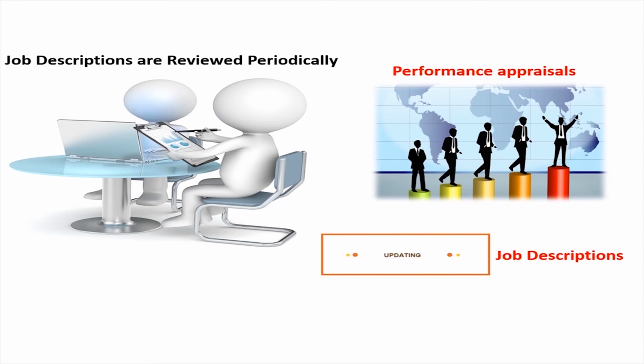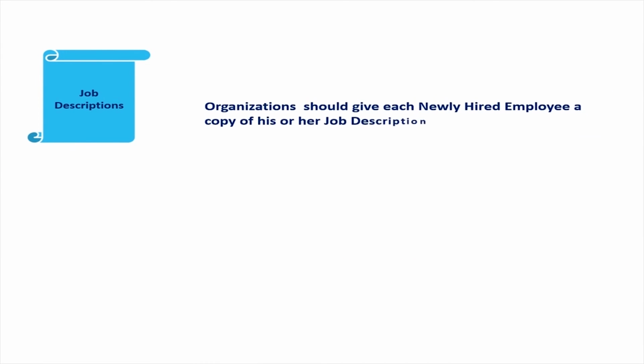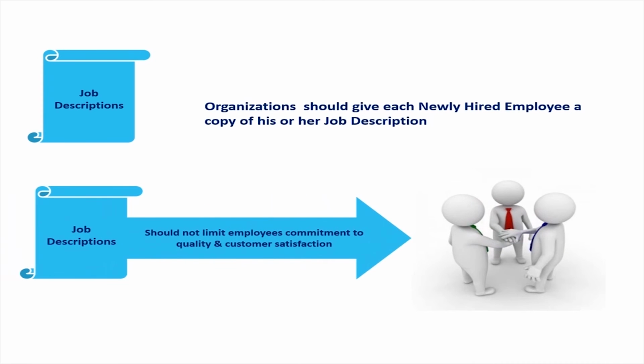And at the end, organizations should give each newly hired employee a copy of his or her job description. This helps the employee understand what is expected, but it shouldn't be presented as limiting the employee's commitment to quality and customer satisfaction.